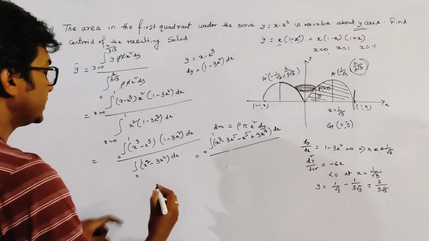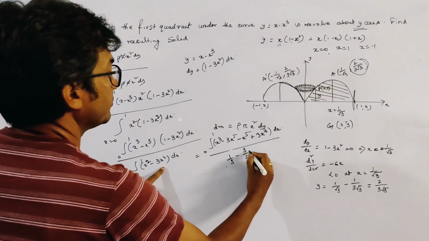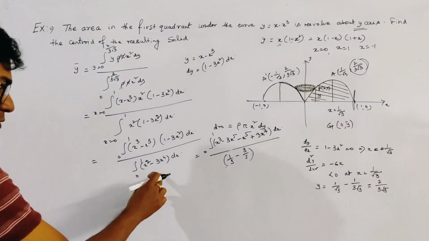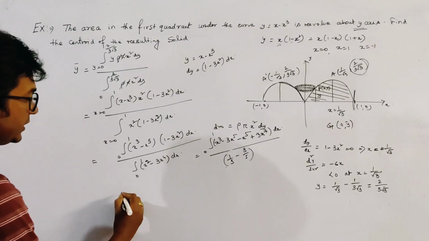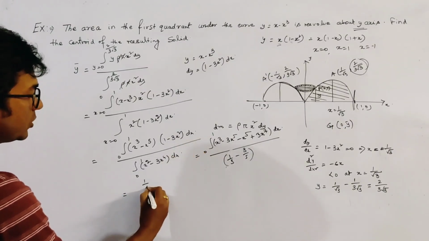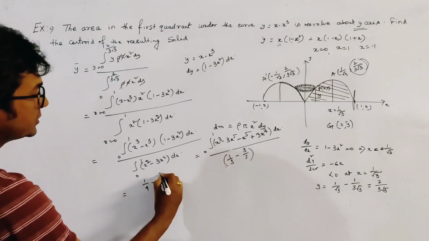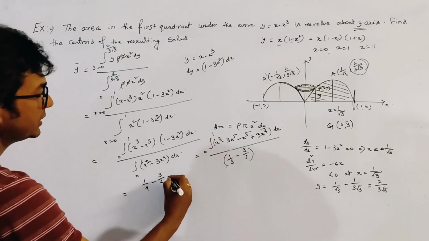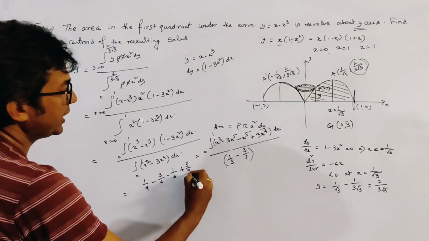We perform the integration, putting in the range 0 to 1 directly. In the lower integral we get 1/3 minus 3 by 5, and for the upper integration we get 1 by 4, the second term is 3 by 6 which is 1 by 6, and 3 by 8.